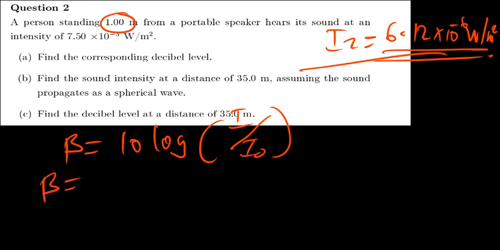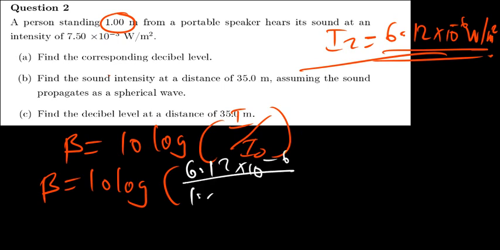So I'll have 10 log open brackets 6.12 times 10 to the power negative 6 divided by 1.00 times 10 to the power negative 12. Then I close the brackets.